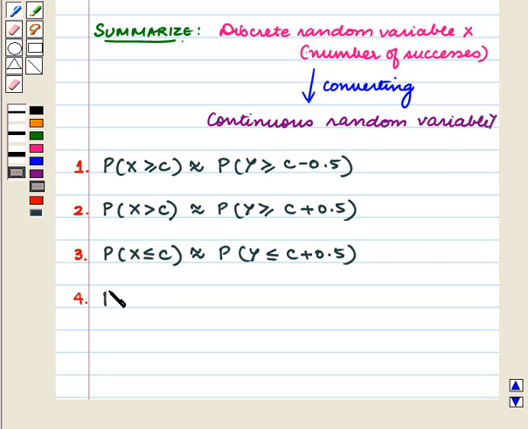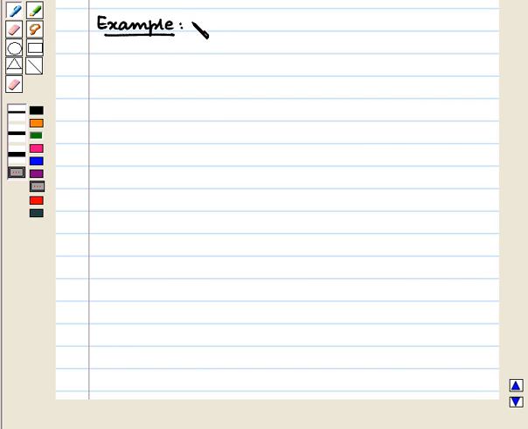And lastly, probability of x less than c is approximately equal to probability of y less than or equal to c minus 0.5. For example, probability of x strictly less than 20 is approximately equal to probability of y less than or equal to 20 minus 0.5.